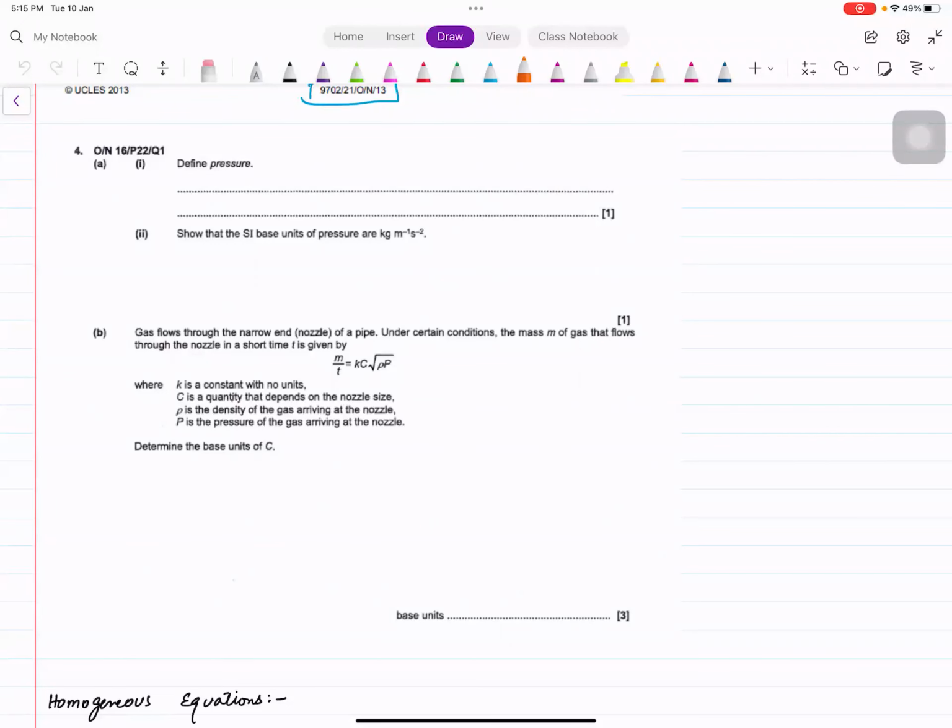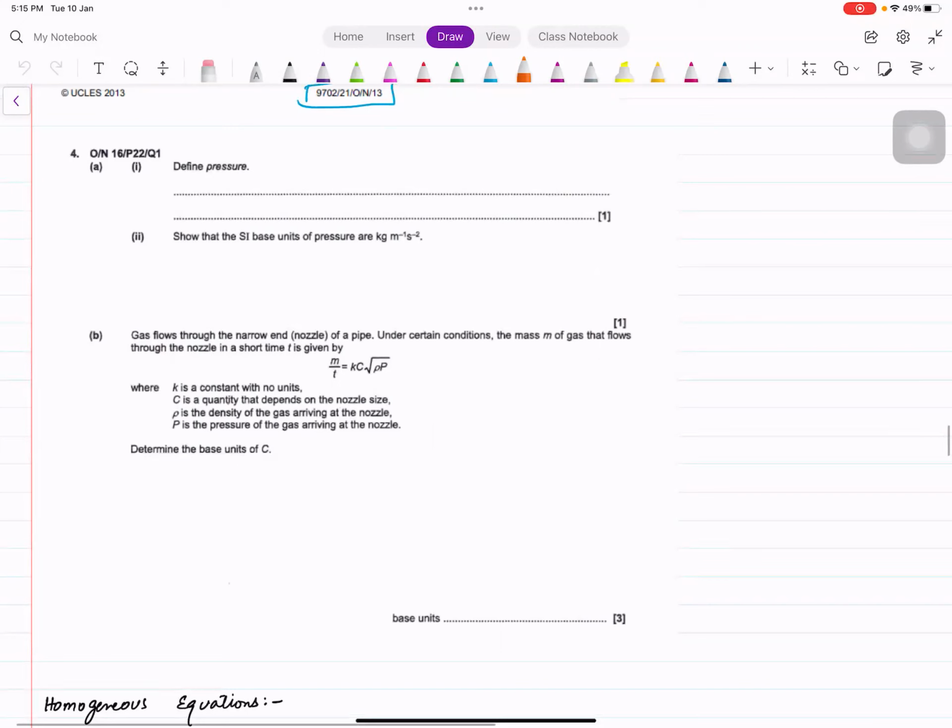Okay. So define pressure. Pressure is force per unit area. That's pressure. Now it says show the SI base units of pressure are kg meter^-1 second^-2. So we could do that easily.